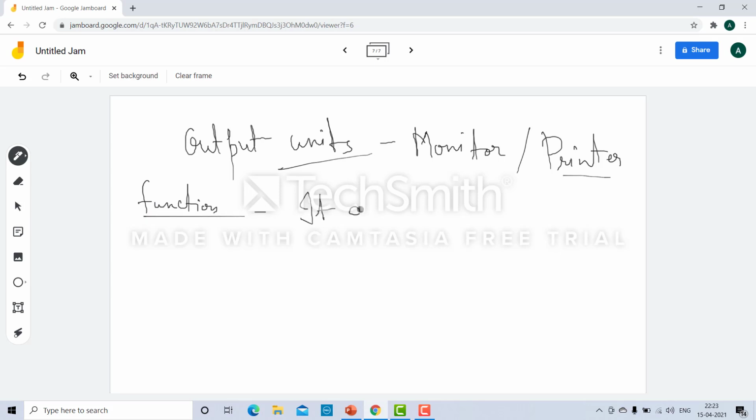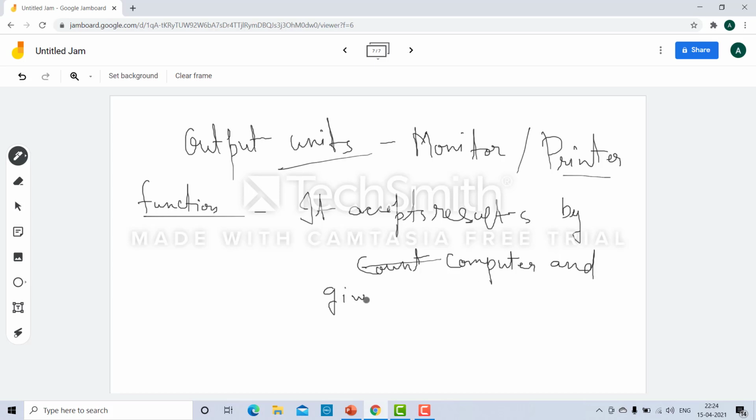It accepts the result, isn't it? It accepts results from the computer and gives it to us in a form which is understandable by us, isn't it?